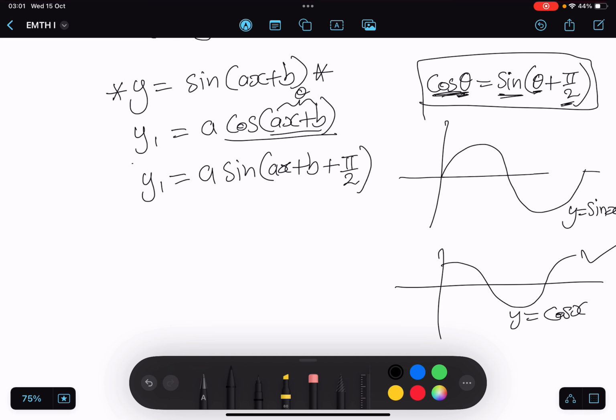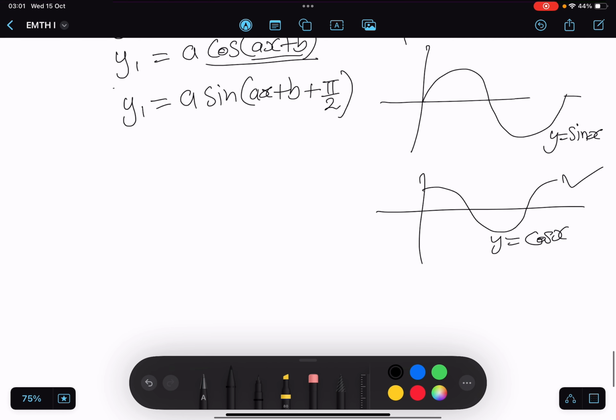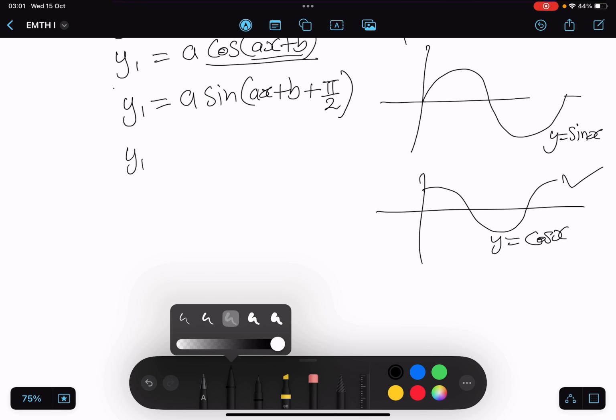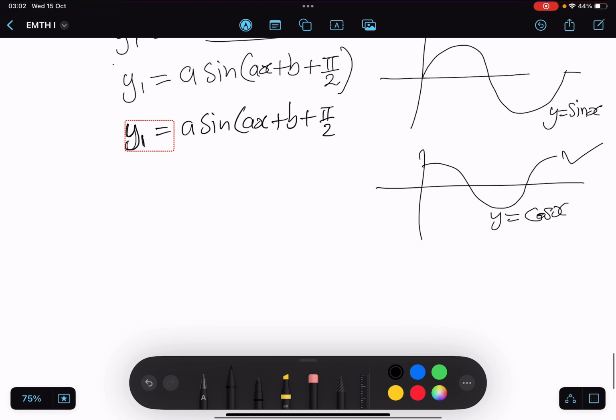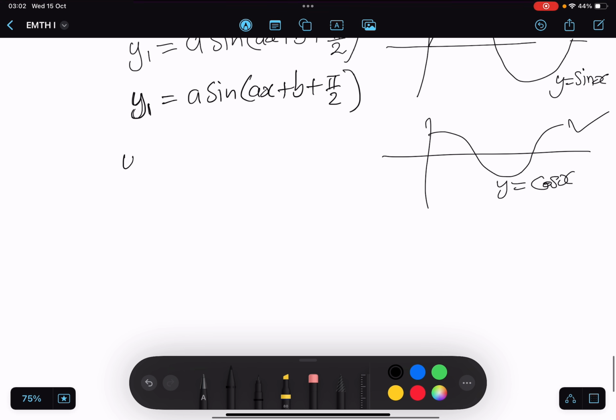And then our y1 is equal to a sine ax plus b plus pi over 2. This is our y1. And then y2, we differentiate this.